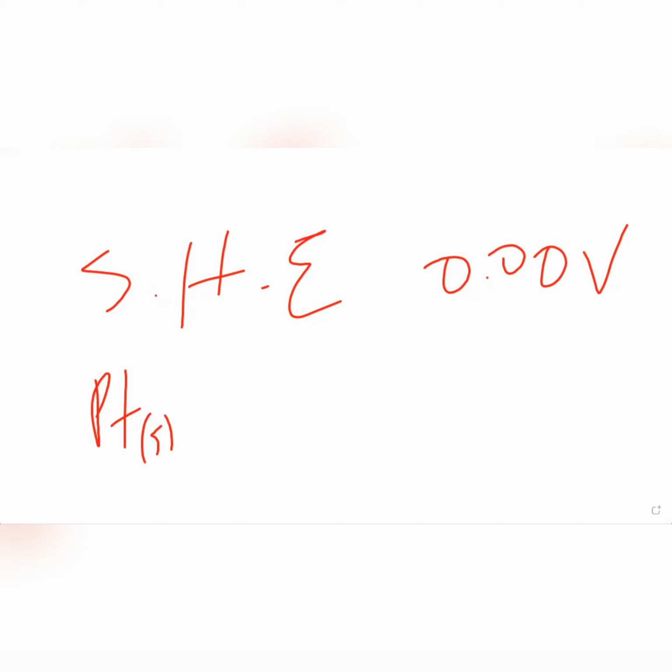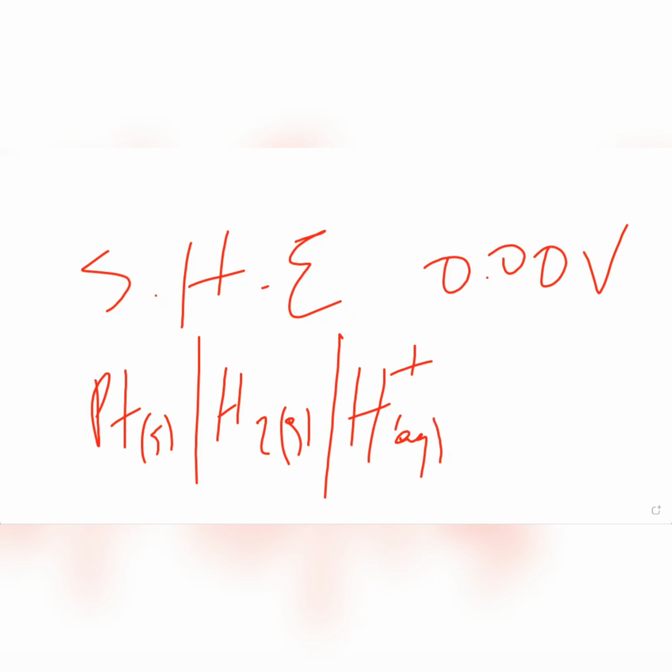It is a platinized platinum electrode, right? And the phase boundary there between hydrogen gas and the platinum. And the solution being used is actually 1 molar hydrochloric acid. So that is denoted as H+ aqueous, right? And then you have your phase boundary right there.